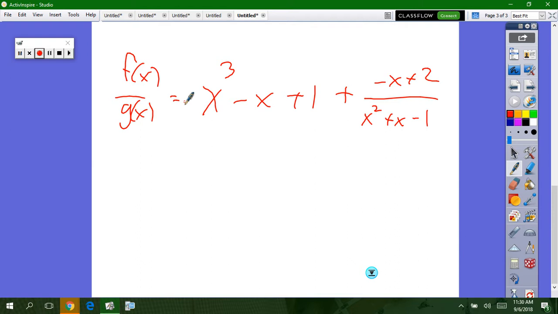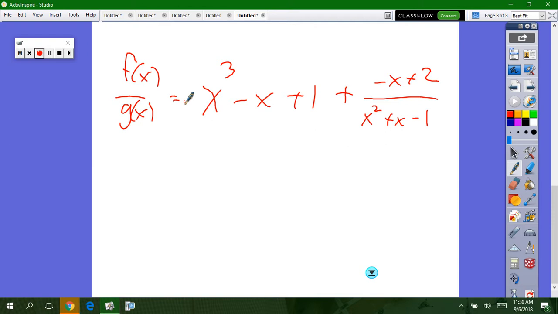Notice I have that graph, then I have that little extra part off to the side, the remainder part. And that's what gets really close. I haven't gone really deep into it, but we talked about it. Not too hard of a process, though, right? Just long division with variables instead of numbers.